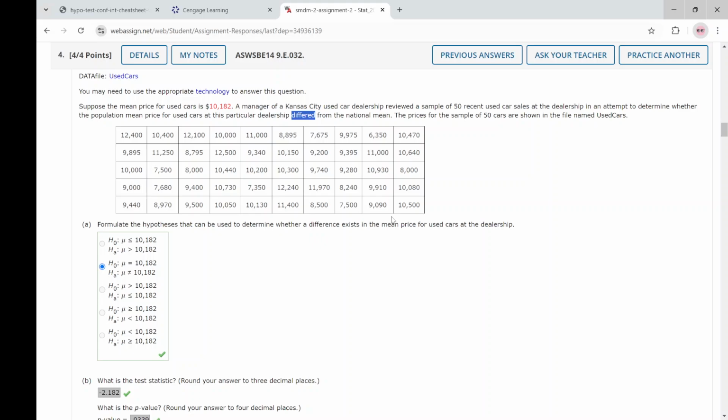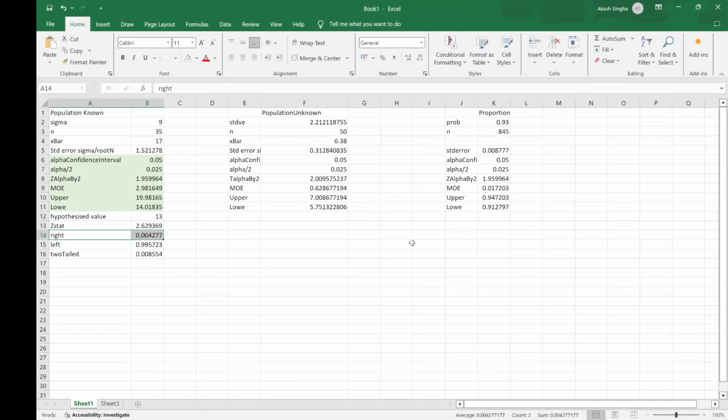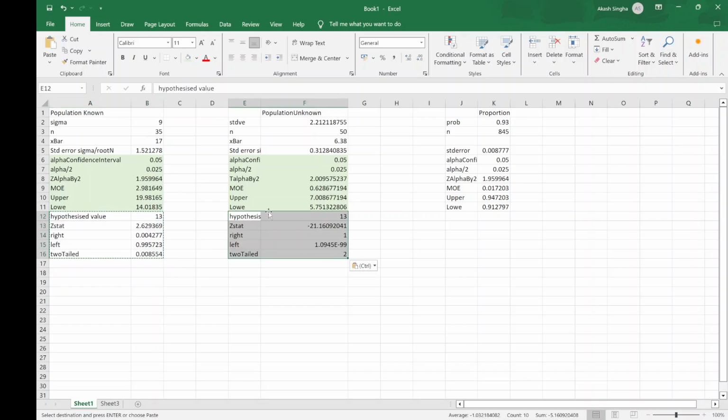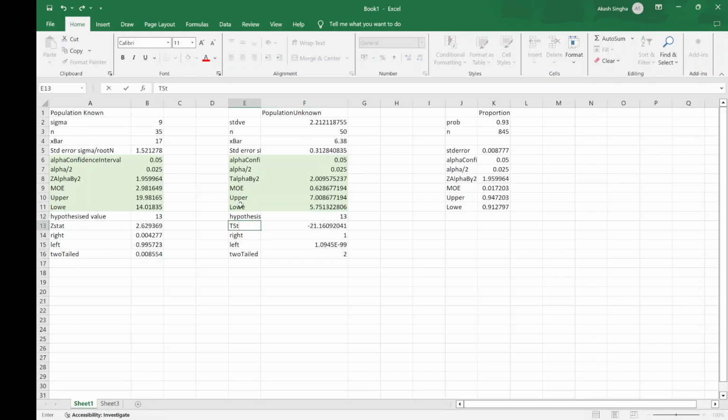So if we use sample, what we do? We use t values, right? So we can say these are related to those. Now here hypothesized value will be kind of the same. Now here in case of z stat, it will be t stat, and t stat value will be this one, right?